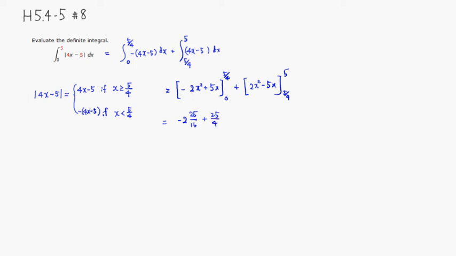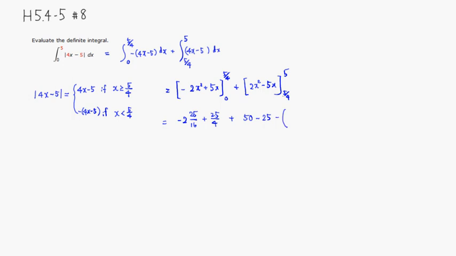And a minus, but if you plug in x equals 0, it's all 0, so I'm not going to write anything down. Then plus, plugging in 5 here, 5 squared is 25, times 2 is 50, then minus 5 times 5, so negative 25.